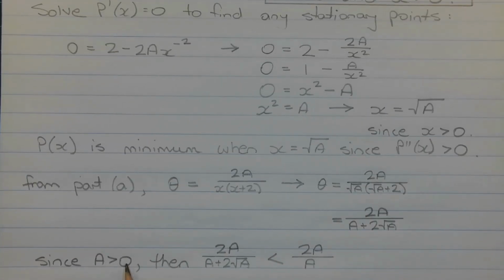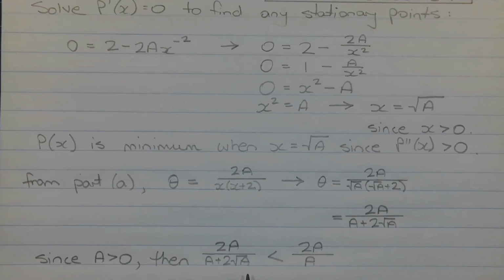Now since a is positive, or a is greater than 0, then 2a over a plus 2 times the square root of a must be less than 2a over a. If the numerators are identical, but we make the denominator of one of the fractions bigger, this makes that whole fraction smaller in value.